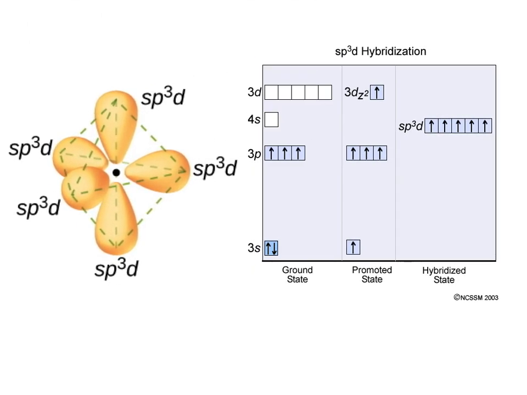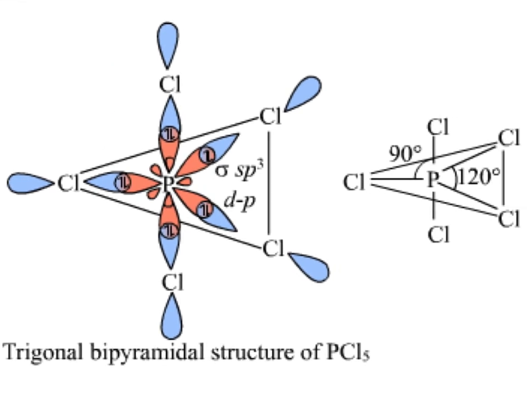They are equivalent to one another, and they are spaced out in the angles that the VSEPR model would have predicted.